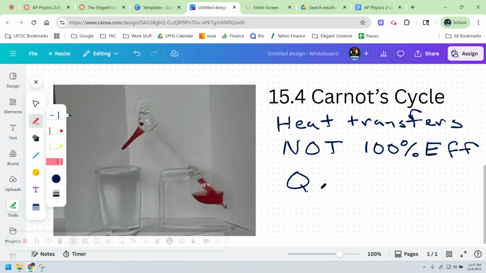And QC is, this almost always just gets released into the environment, right? When we think about how most heat engines work.